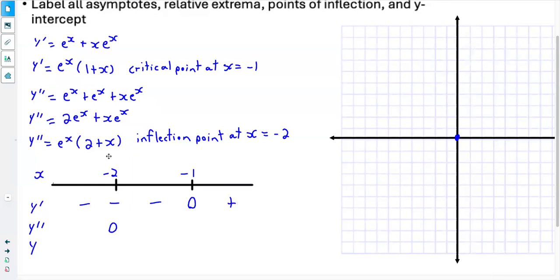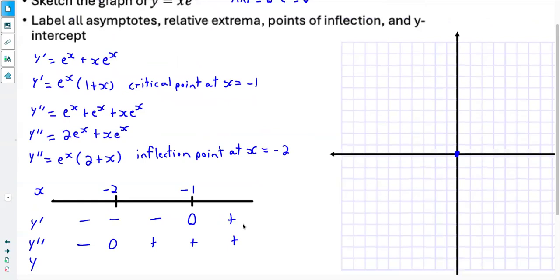Double prime, I'll look at the factored version. So once again, try something negative, like -3. So that's to the left of here. That would give us a negative out of here times a positive here, so that gives us a negative. On this side, we could go with, say, 0. If I plug 0 in, once again, that'd be 1 times 2, so that's a positive. So figure out what y is at each of these locations.